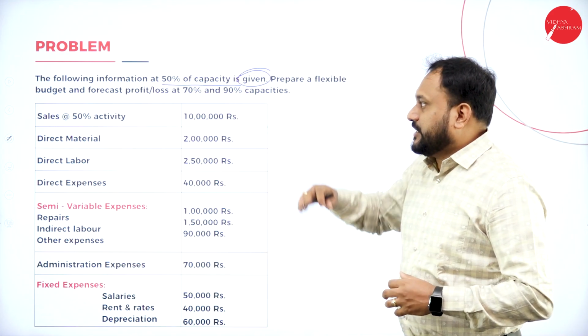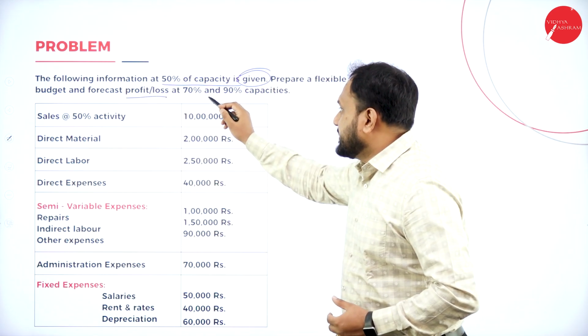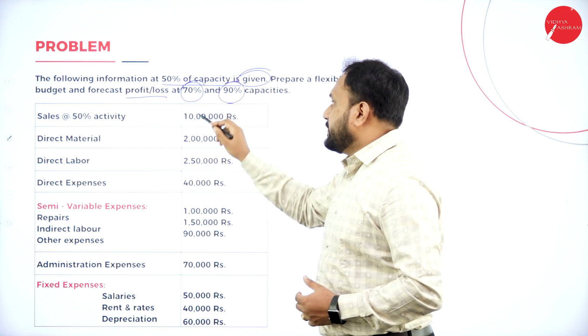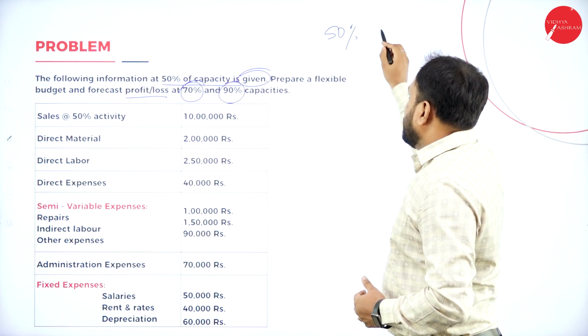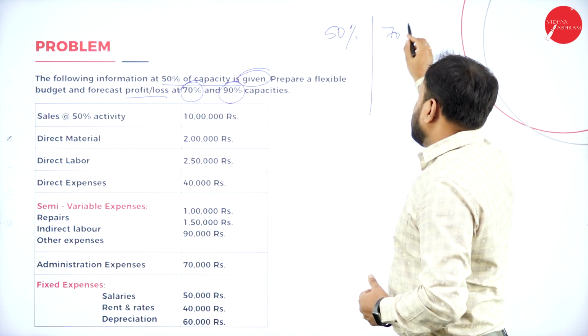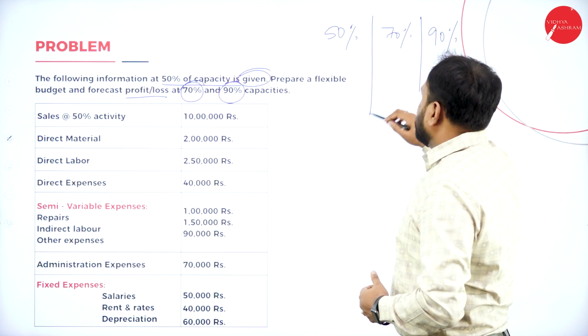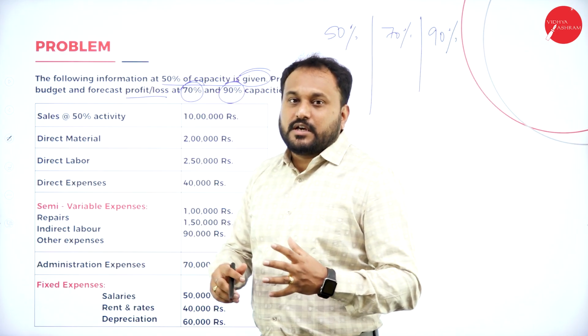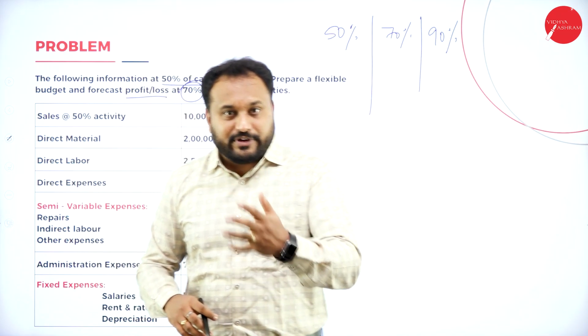Prepare a flexible budget and forecast profit or loss at 70% and 90%. That means they have given 50%, and you are supposed to find 70% and 90%. So these are the questions you are supposed to analyze: what exactly they have given and what exactly you are supposed to find.